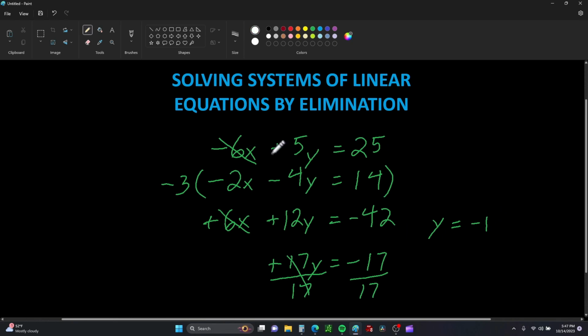Now taking this equation over here, I have minus 6x plus 5 times y, which is minus 1, equals 25. Simplifying, I have minus 6x minus 5 equals 25.